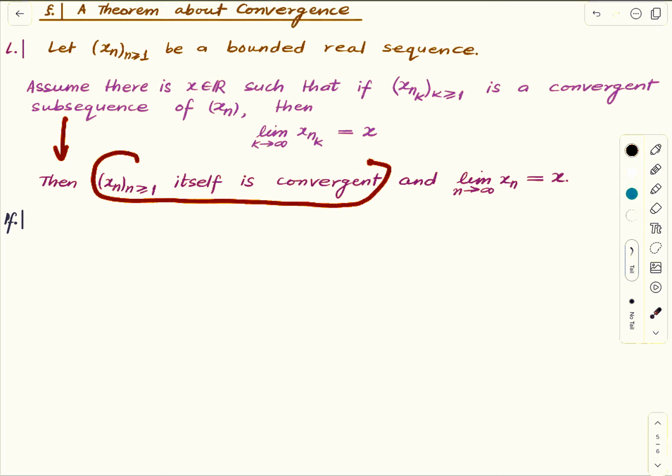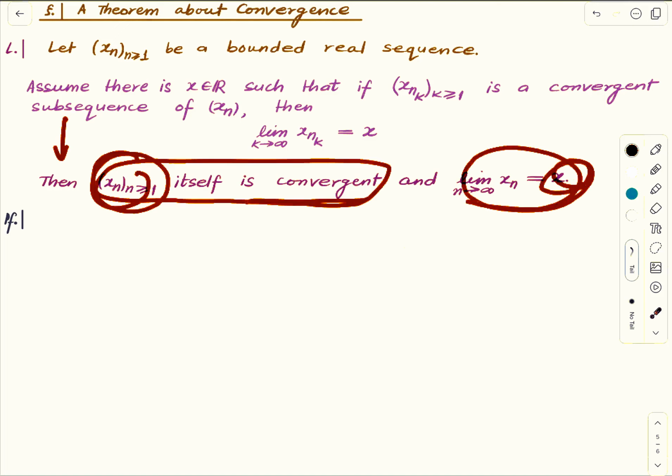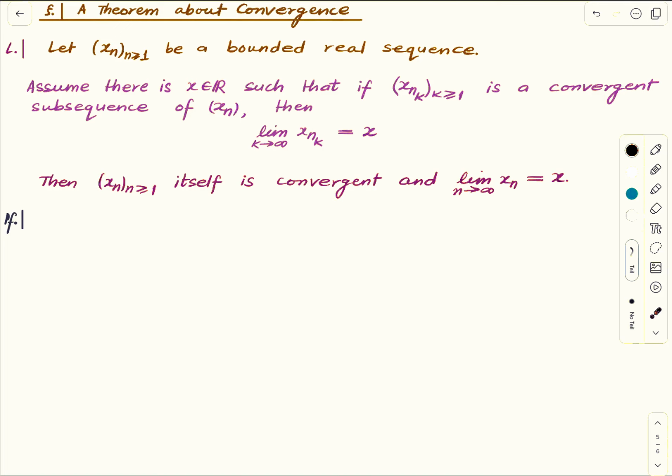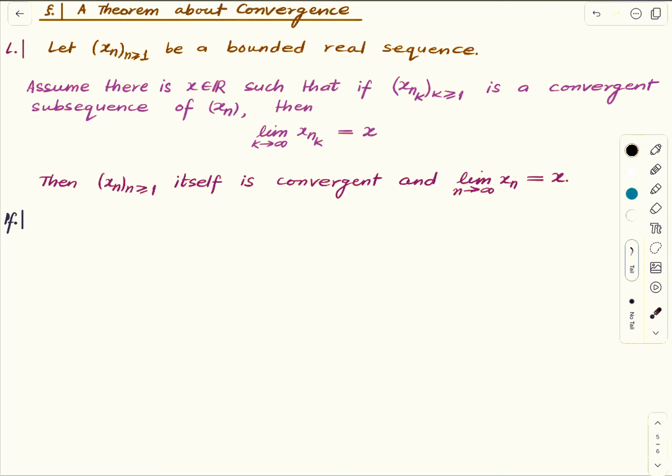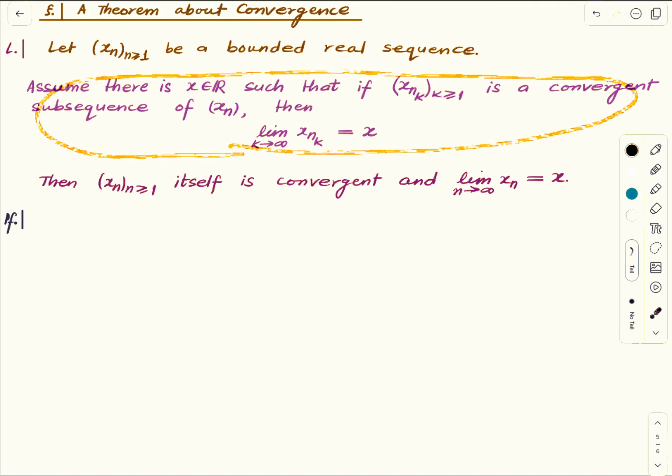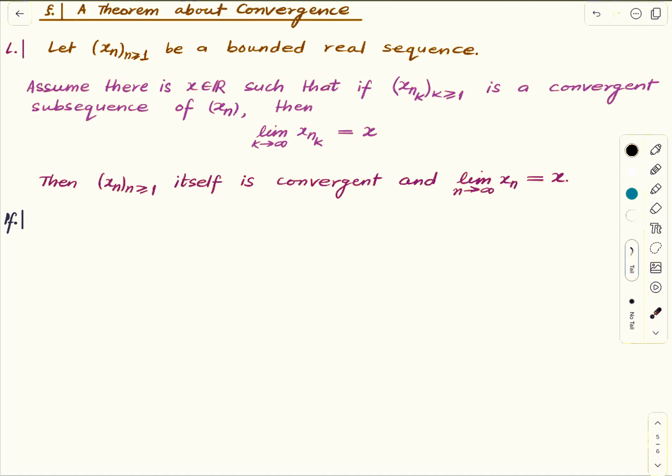In fact, the original sequence itself converges, and its limit is the same point. So one should appreciate the difference between this statement and saying that every subsequence converges to the same point. We are saying every subsequence that converges, converges to the same point.